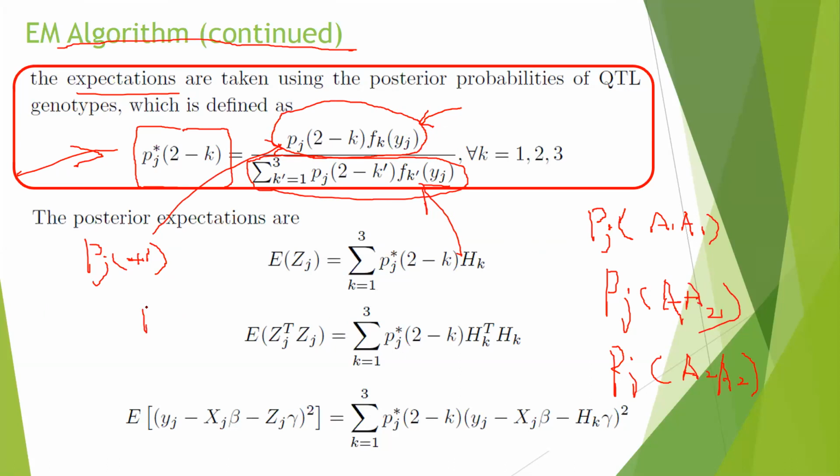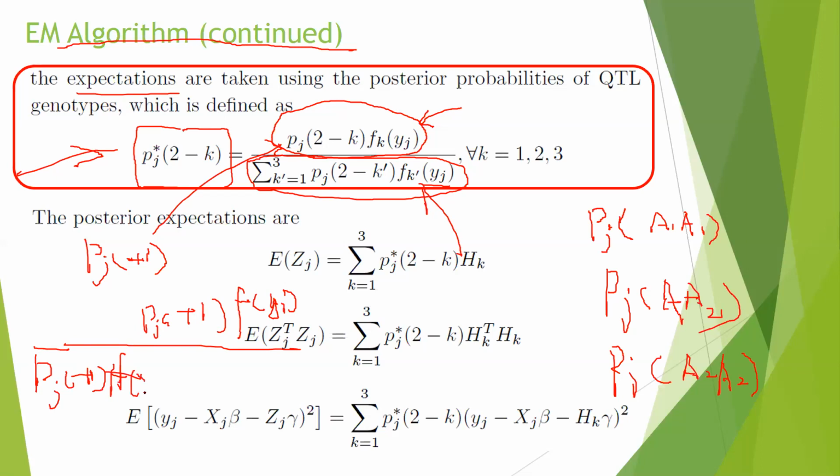So in shorthand, let's say P plus 1, j is the numerator, and the denominator should be Pj plus 1 times the density function, plus Pj 0 times the density function, right?